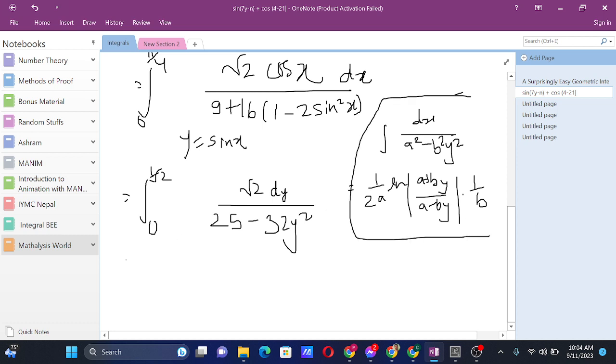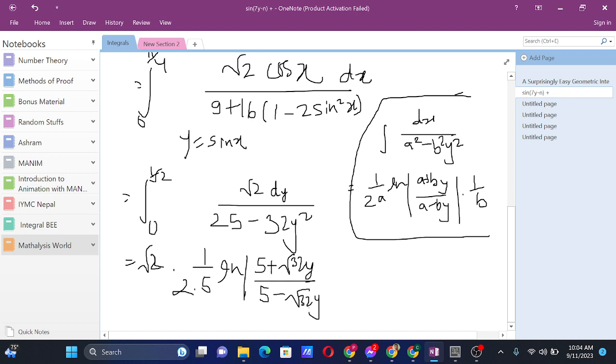Let's take root 2 out, and then we have 1 by 2 times 5, since 25 is the square, so 1 by 2a, ln of (5 plus root 32 y) by (5 minus root 32 y), times 1 by root 32, and we evaluate it from 0 to 1 by root 2.